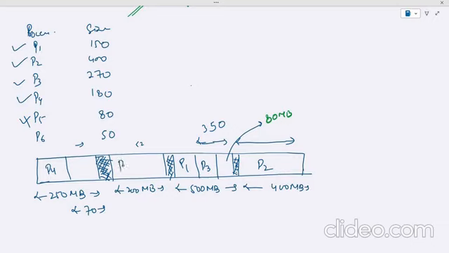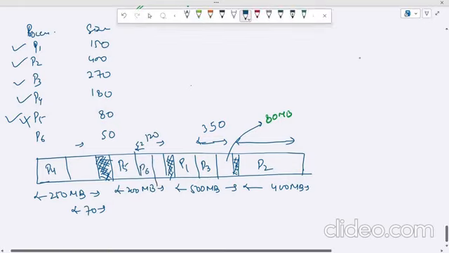So P5 gets 80 MB here, and the space left is 120 MB. Okay, P5 is completed. P6 needs 50, and the highest space is in the second block. So P6 gets space in the second block, and the space left is 60 MB.